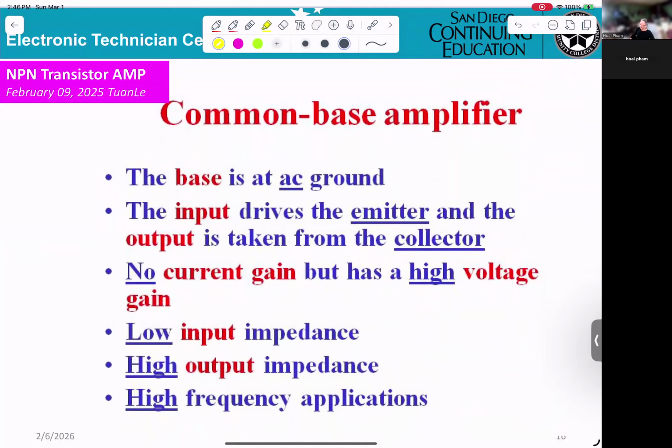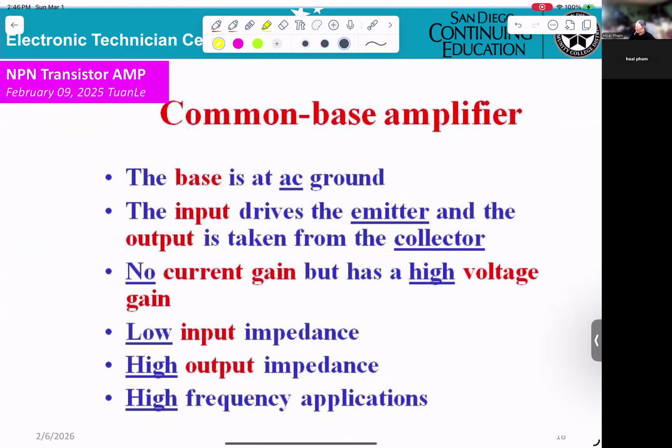Okay, and the input drives the emitter and the output is taken from the collector. No current gain, but it has a high voltage gain, low input impedance, high output impedance, and also high frequency application.